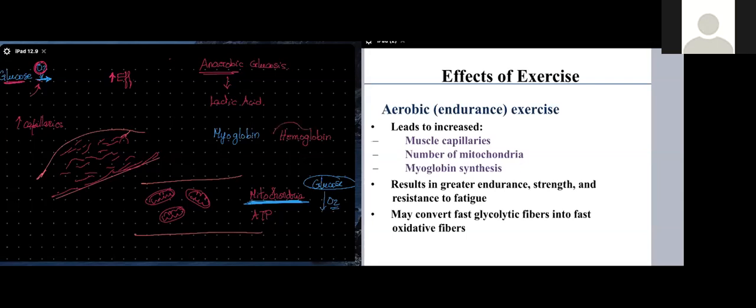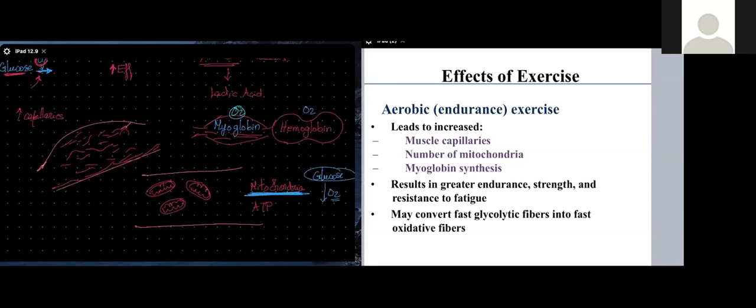The hemoglobin was the red pigment located in your red blood cells, and it's responsible for carrying the oxygen. Compared to that, myoglobin is also a red pigment, but this time it's kept in your muscle cells. And it's also responsible for carrying oxygen.